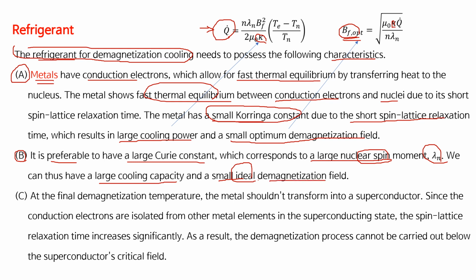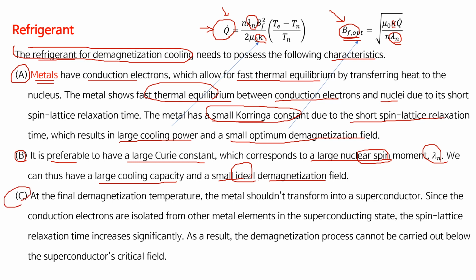You can see here, if we have large lambda n, then we can have large cooling power and large nuclear magnetic moment. Then we can have a smaller optimum magnetization field.